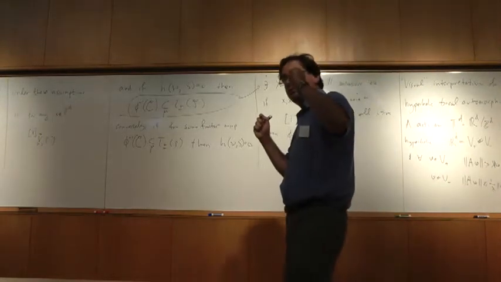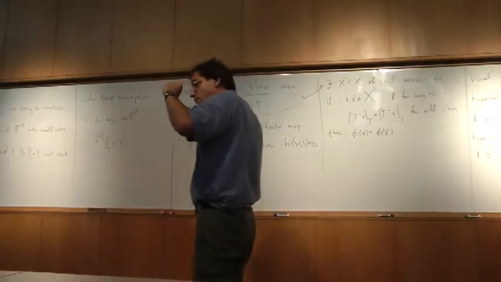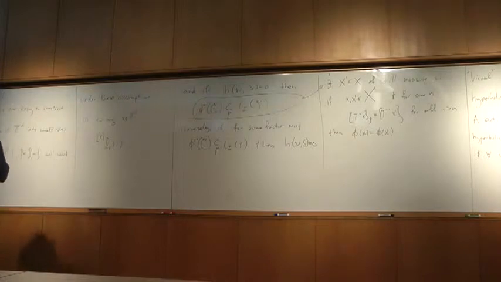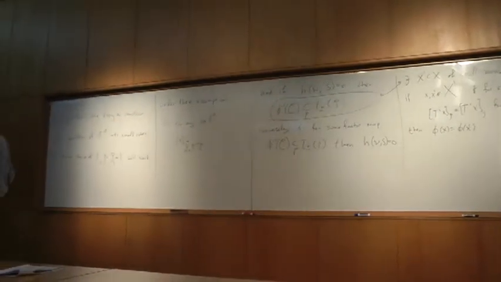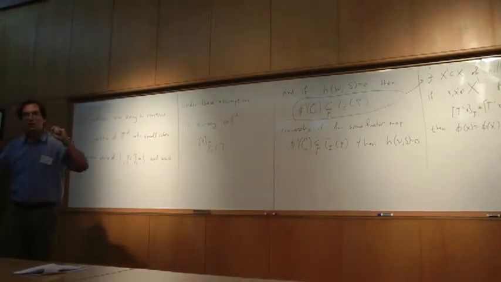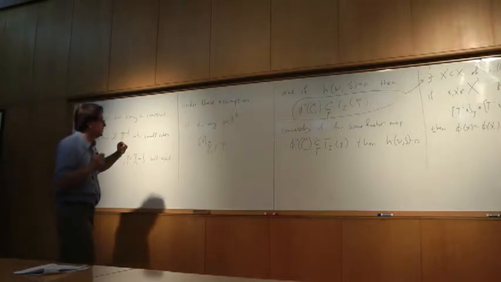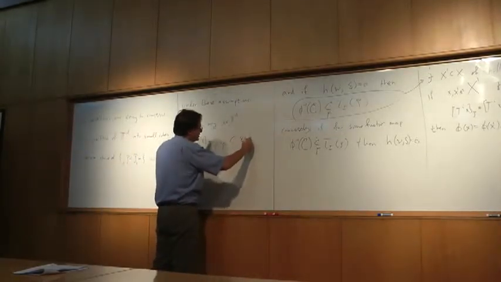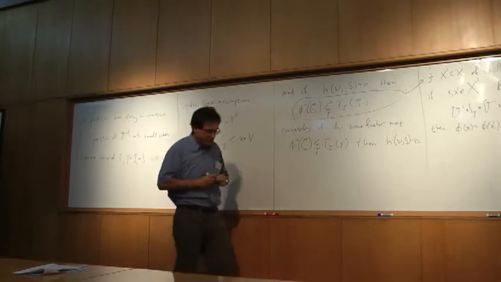Now, this means that this would be inside x plus the stable manifold for x, for V minus.